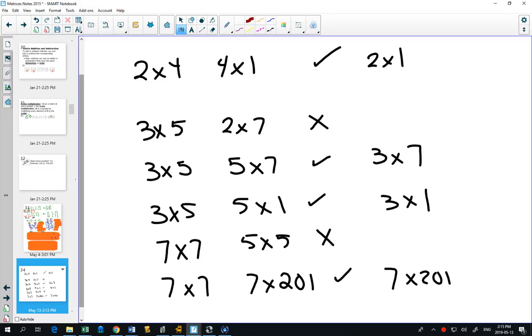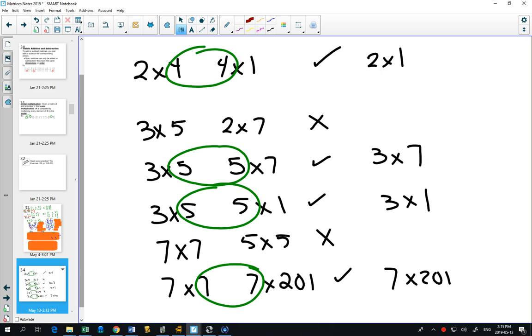What has to happen for them to work? Look at the ones that have worked. The columns of the first one match the rows of the second one.